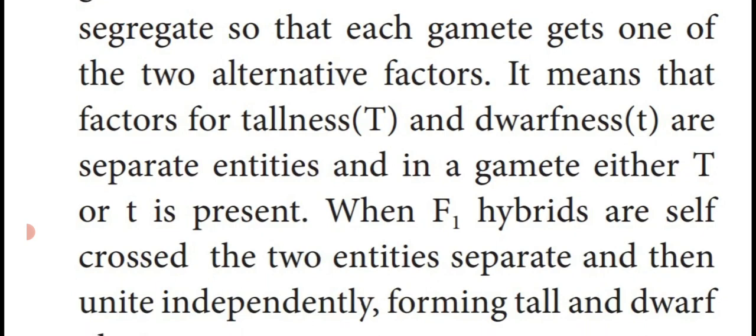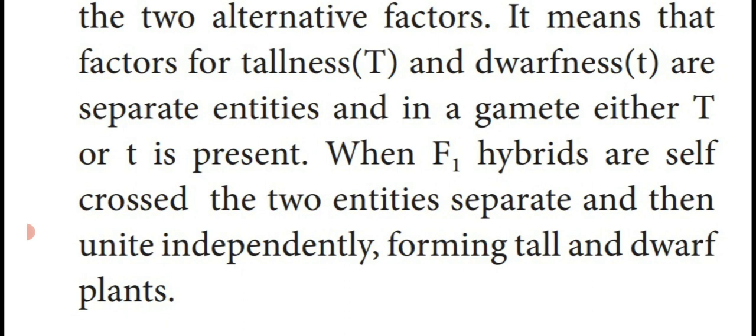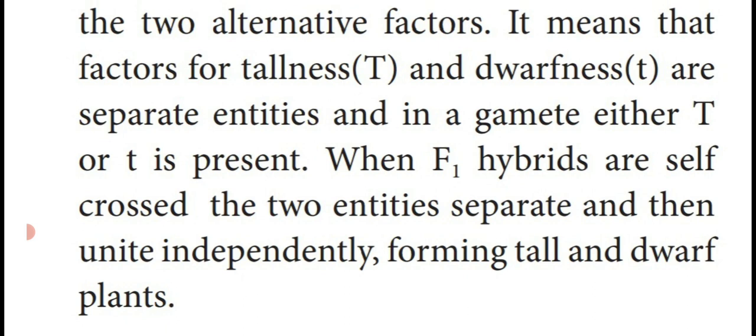The two entities are separated and once again they are united independently. First they are segregated, isn't it? Capital T, small t from the parental one. If we are selfing those F1 hybrids, they are separated and again they unite independently, forming the tall and dwarf plant in the F2 generation.